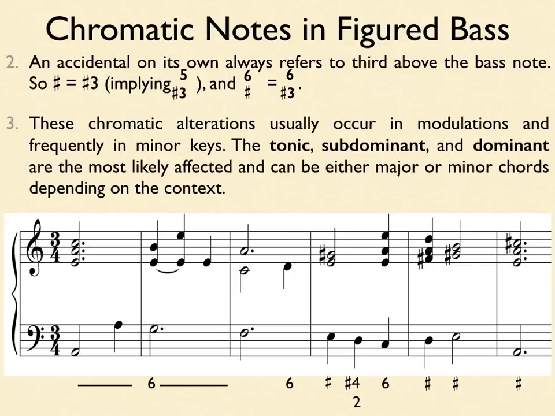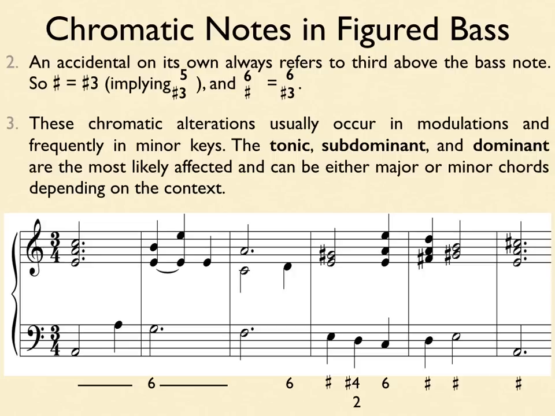And then we get to the chromatic alterations in our figured bass. The first beat in bar 4 is an E, G, B chord. Even though the B is missing, for chords you only really need your root and your third. The fifth can actually be dropped. So you have your root there.